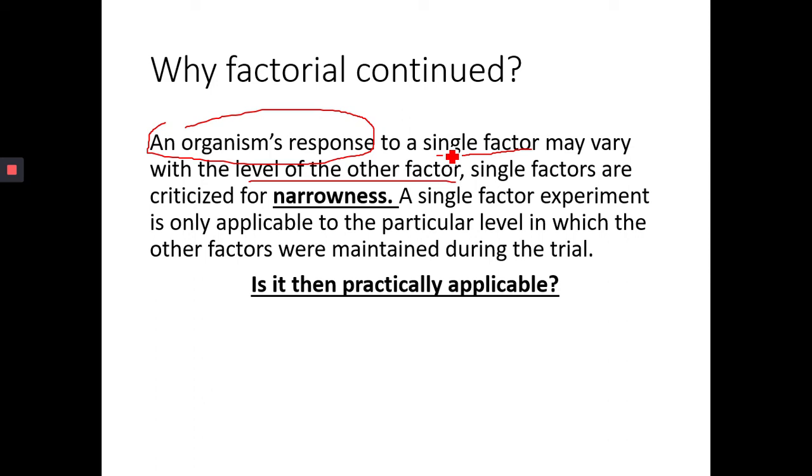So if the milking was done when the environmental temperature was 40 degrees, now if the temperature goes up to 48, we don't expect the same milk yield even whilst giving the same feed which was tested previously. So that is the narrowness part that we are talking about.